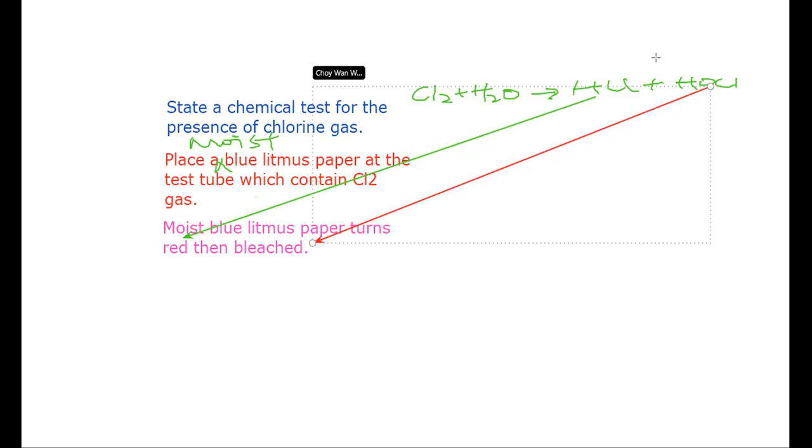Okay, I hope you can understand what am I talking about. That's why you get the observation, blue litmus paper turns red, then bleach. If you have forgotten about this, please refer to your periodic table, the reaction of chlorine gas or the halogen with water.